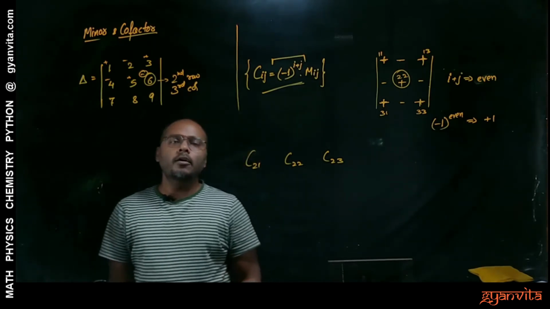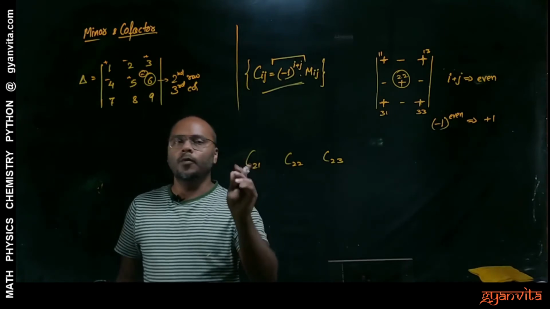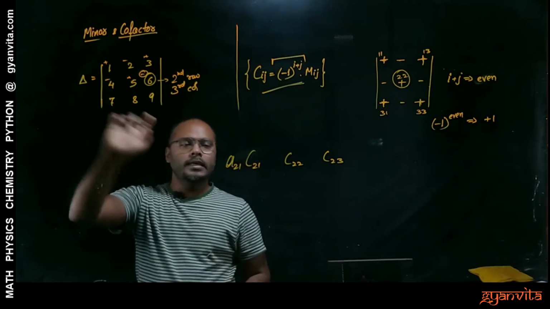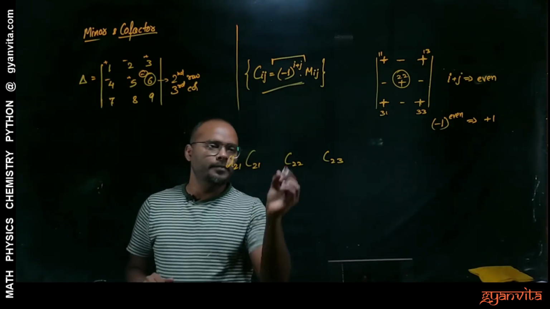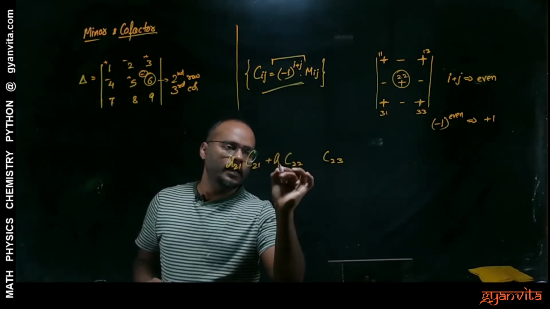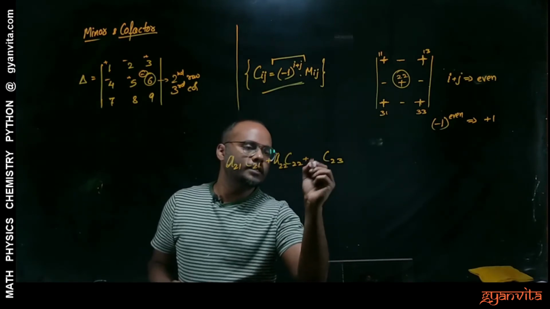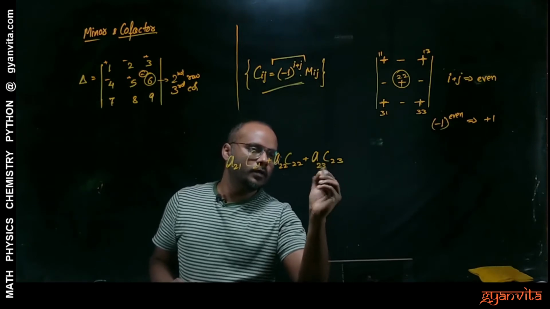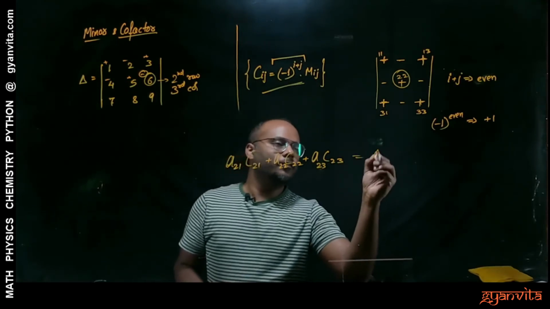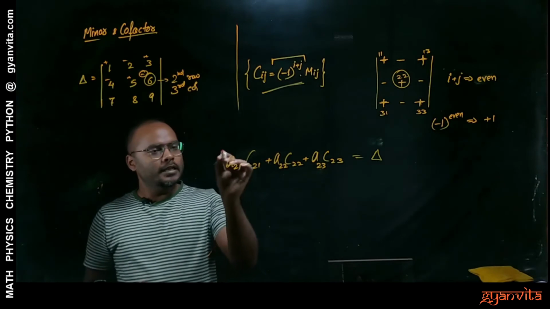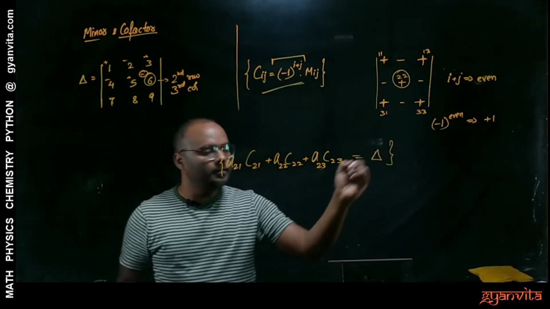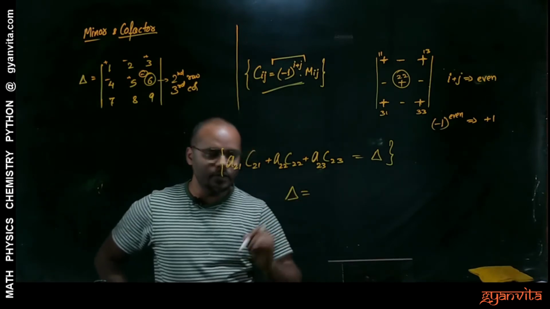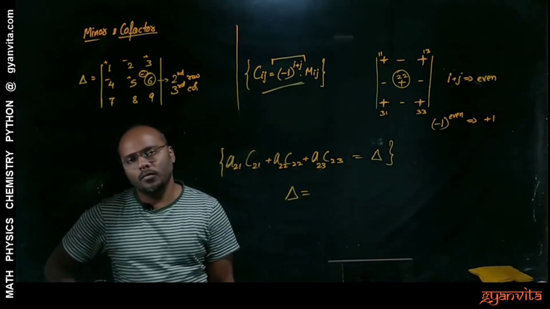Okay. Now if I just multiply C21 by a21, where small a represents the element, plus a22 times C22, plus a23 times C23, then what will I get? It will be the determinant, right? So this determinant can actually be written in the form of minors and cofactors.